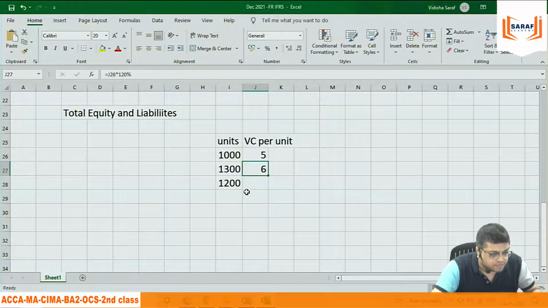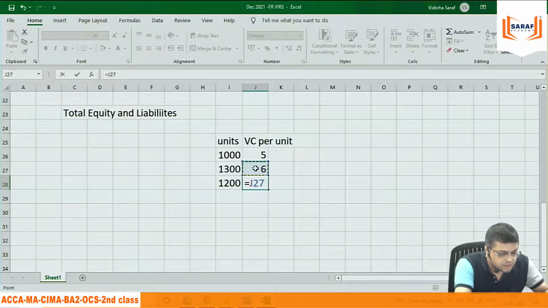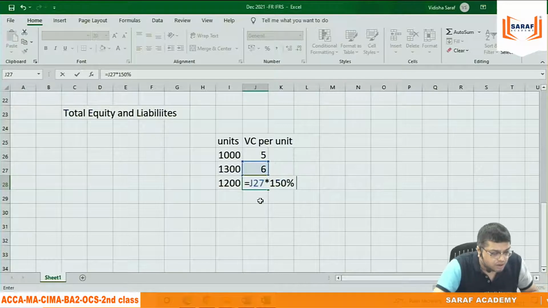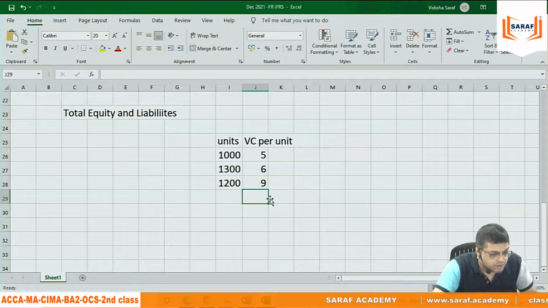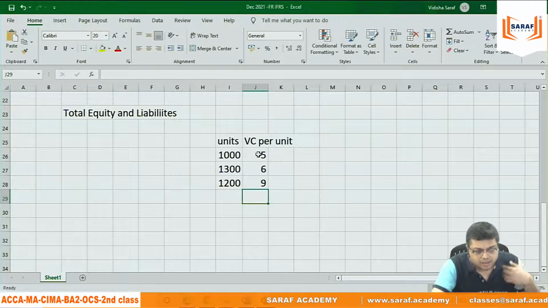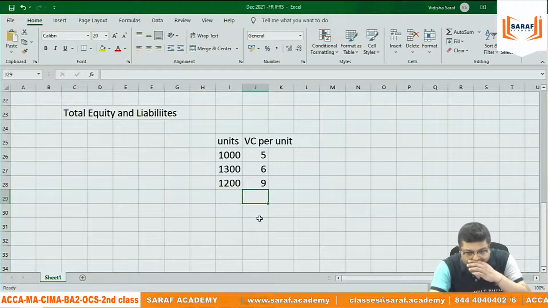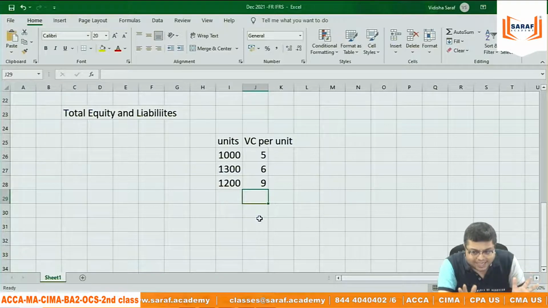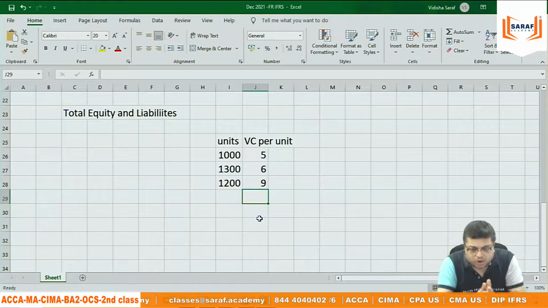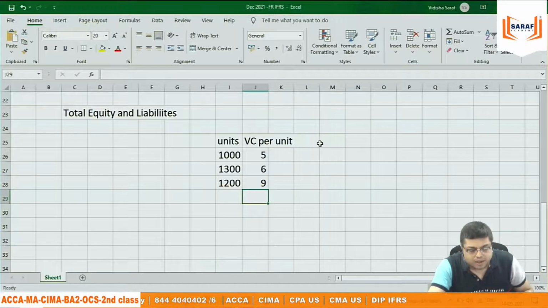Here this into 150%. Automatically it will come. I am not a programmer. You are also not a programmer. After studying anything, we are not becoming programmers. But in Excel, in rows and columns, some formulas are set. Any person puts in the data, and the computer automatically gives the figure.